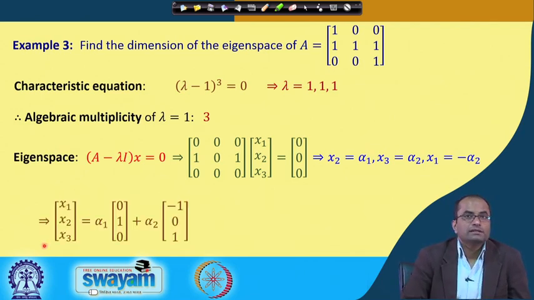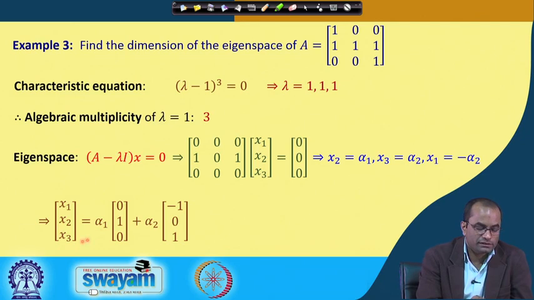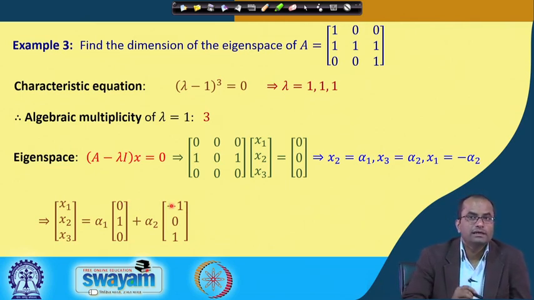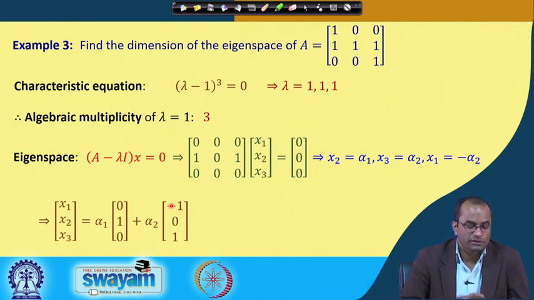When writing in vector form, we have (x1, x2, x3) as alpha 1 times (0, 1, 0) plus alpha 2 times (minus 1, 0, 1). So, there are 2 linearly independent eigenvectors corresponding to this eigenvalue.